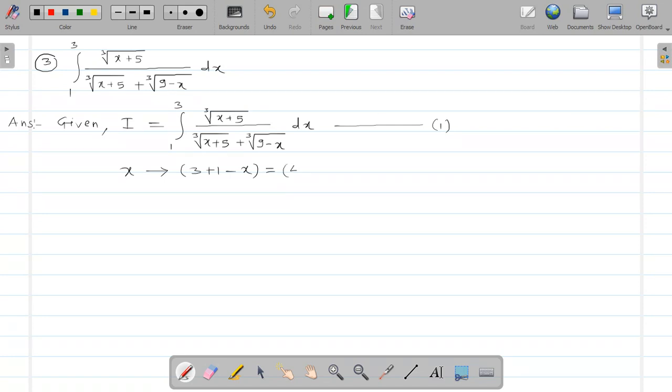We have to replace x as 4 minus x by using that property. Now what will be the change in the given integration?